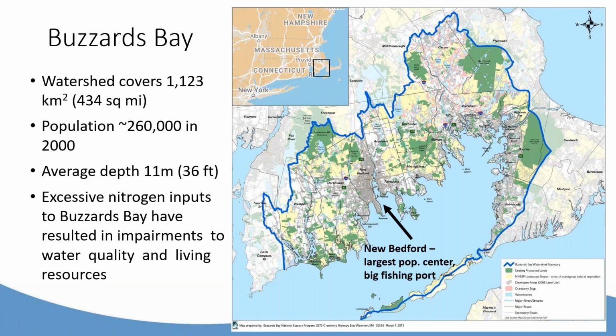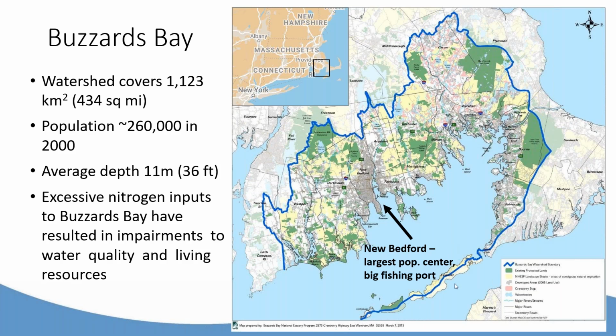All right, so to give you some orientation of where this work is conducted, so Buzzards Bay is located in southeastern Massachusetts. So on the map here, the small map, you can see we're a little bit south of Boston and north of New York and Long Island. In terms of our watershed, so we have on our west Narragansett Bay, and then up in the northeast is Cape Cod Bay, which we're connected to through the Cape Cod Canal, and then on the southeast we border Vineyard Sound and Nantucket Sound.